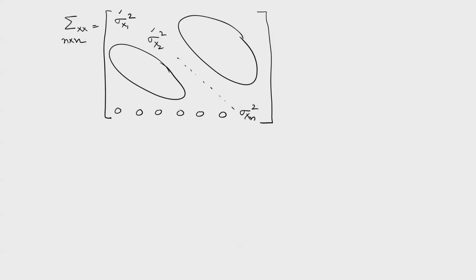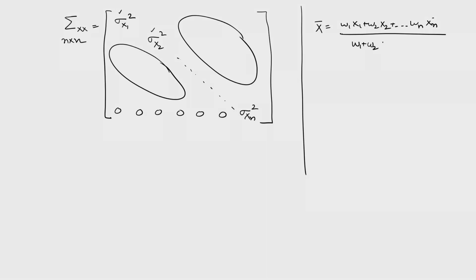So, what is the J matrix in this case when we write x bar as the weighted average here? Again for simplicity I write here W1 x1 plus W2 x2 plus Wn xn divided by W1 plus W2 plus Wn here, right. In that case, what is the J matrix?